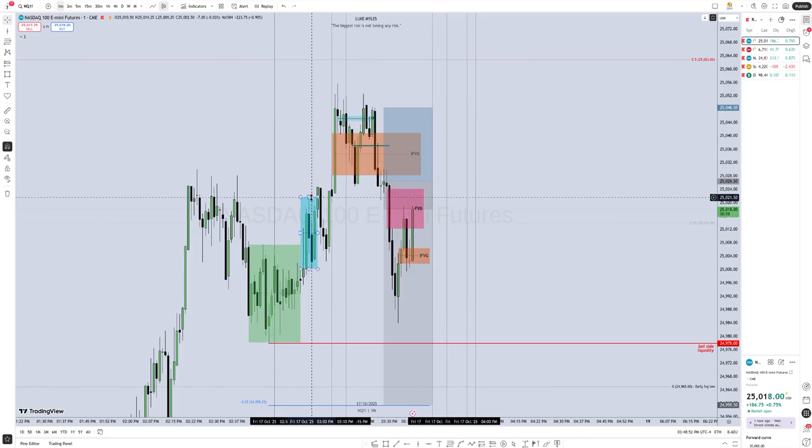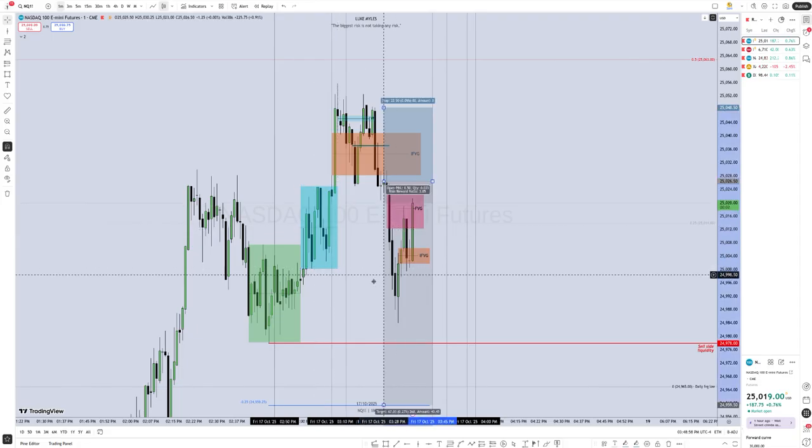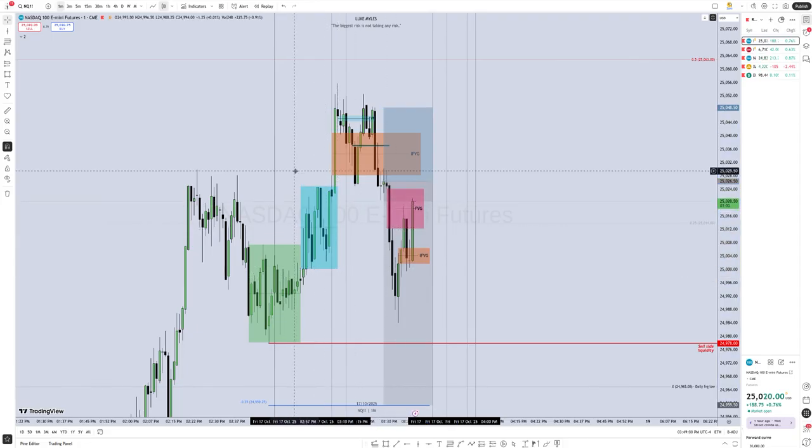So I'm going to consider the whole of this as accumulation. The market doesn't give you a second phase of accumulation, but we come and tap the original consolidation one more time right here. So I'm expecting the market to spool lower, taking out this low.